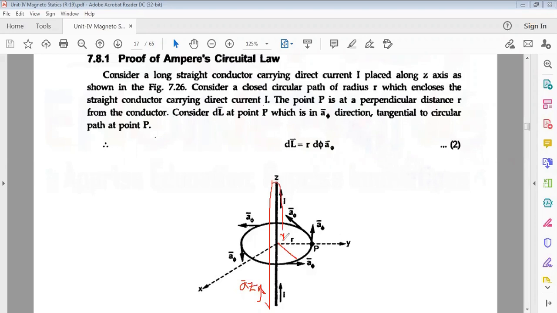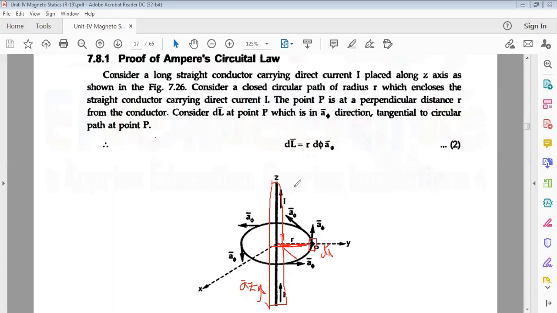This is a conductor, and the point P is at a perpendicular distance of R from the current carrying conductor. Consider a differential length at point P. Here I am assuming a differential length DL bar, which is in the A phi direction.